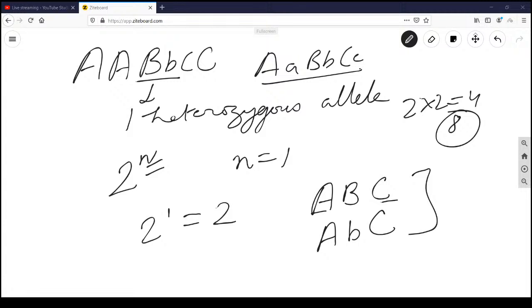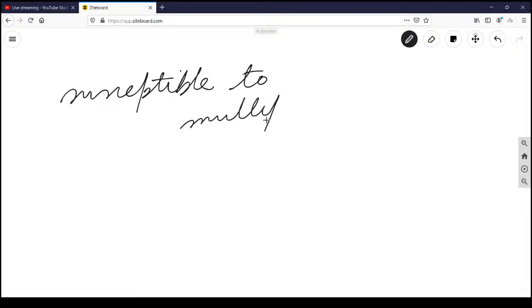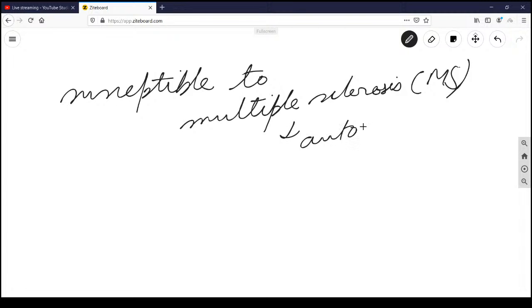Now, it has been seen that if a person has a genotype susceptible to multiple sclerosis, that is MS, an autoimmune disorder, because here your body's immune cells are attacking your own self antigen. It is known as autoimmune disorders. You might have read it in chapter 8.